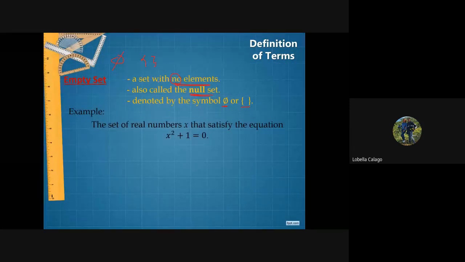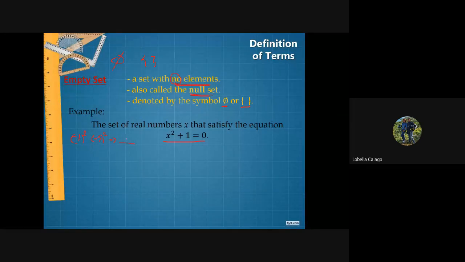So, for example, we have the set of real numbers x that satisfies the equation. So, if you're going to change the x to any real numbers, and if you're going to add plus 1 to that and it gives you 0, then it is not an empty set. However, we all know that any numbers, like assuming we have negative numbers, lahat ng negative numbers, pag i-square mo yan, it will always give you a positive number.